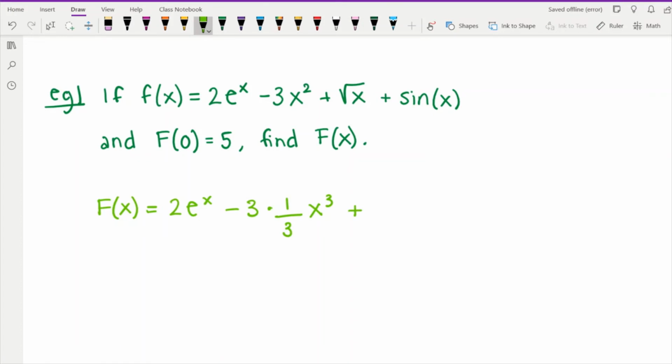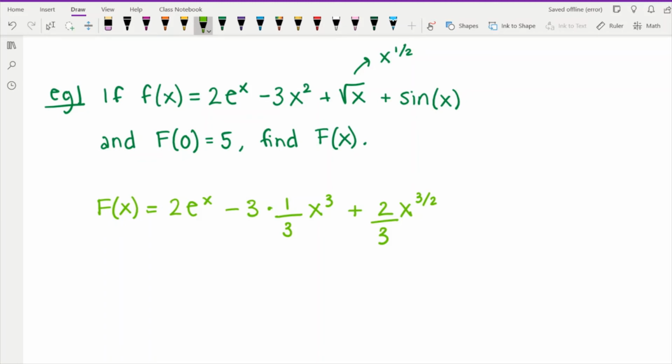Okay, so now we have the square root of x. And so we know that the square root of x is x to the 1/2. And so the antiderivative, we've seen this one a couple times now, is going to have an exponent of 3/2 and then a coefficient of 2/3. And then our last part says plus sine of x. We have to think of what is a function that when you take its derivative, you get sine of x.